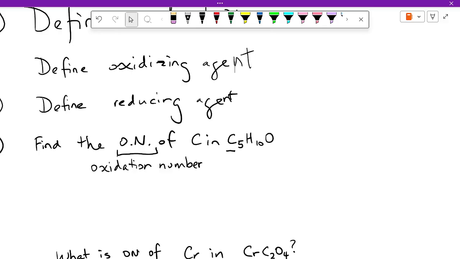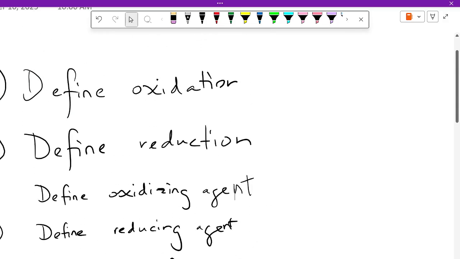Okay, let's do this. What is oxidation, Sylvia? The electrons are in the products. Yes, that is true. That is true.